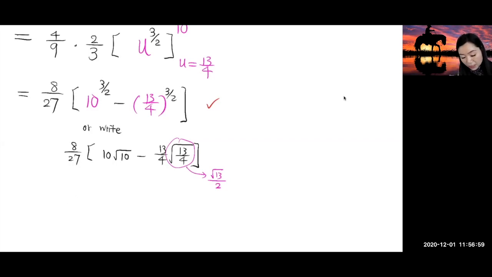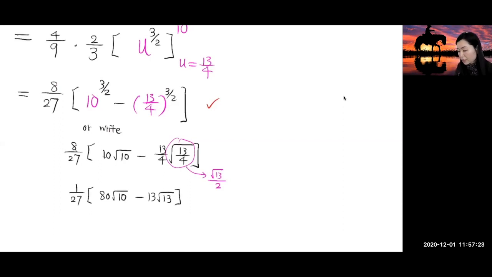Now because this 8 over here, the book actually multiplies this 8 inside. So the book writes it this way: 1 over 27, and then 80 square root of 10 minus 13 square root of 13.